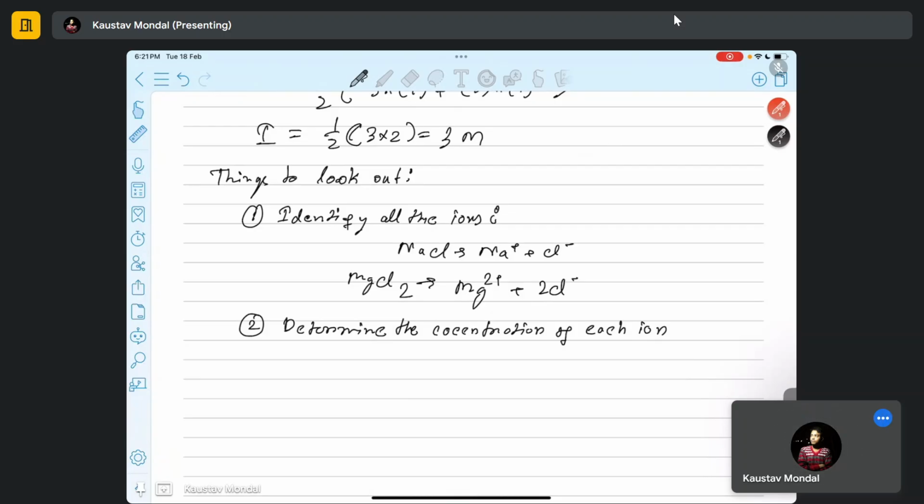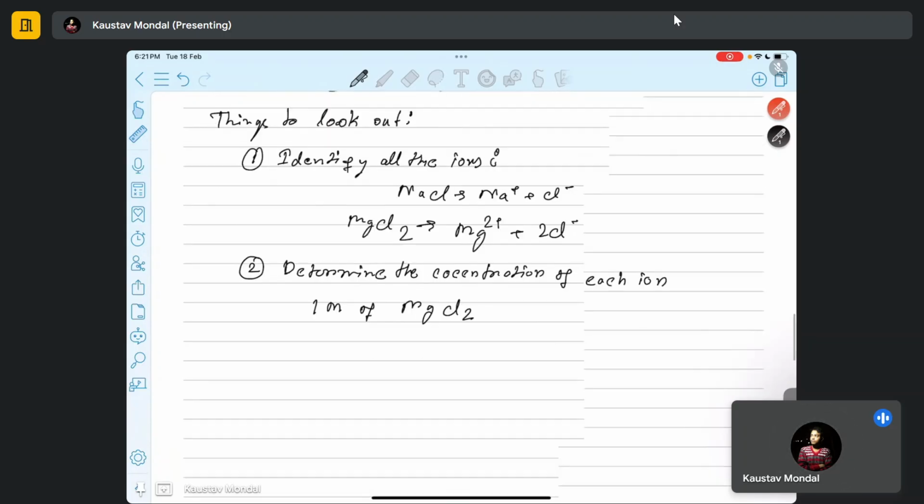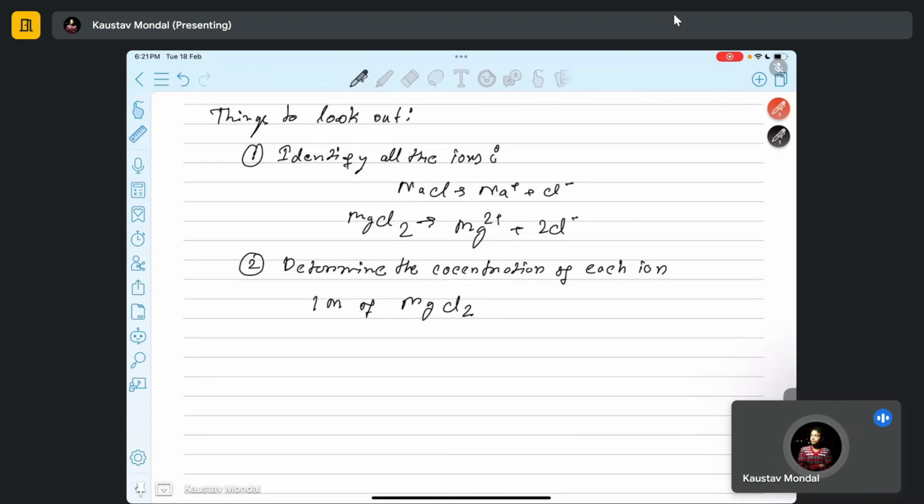Okay, so let's suppose I have 1 M of MgCl2. Now in the solution, when it is dissociated, it gives you Mg2 plus and 2Cl minus. So what does that mean?